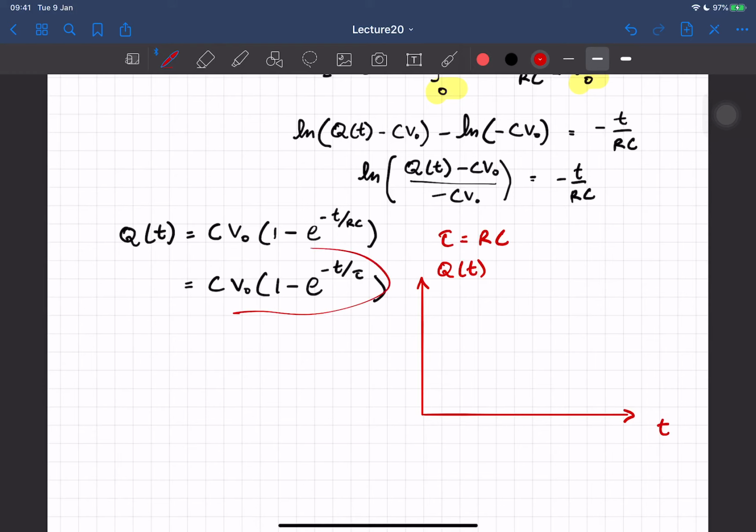So looking at this, when time approaches infinity, this term will be very small, so you're left with only the term in front, which is CV. That can be drawn like this. It's like what we call in mathematics the asymptotic line, and that's equal to CV. And at other times, the graph looks like it's exponentially approaching that line. So that's q as a function of time here.